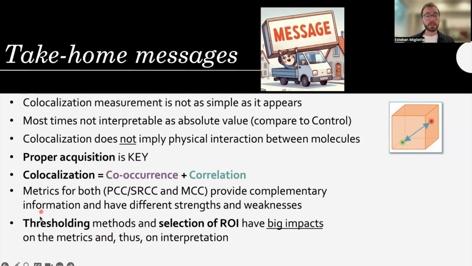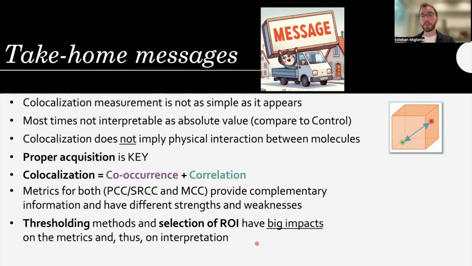Also, the decision of which thresholding method or which threshold to use and the selection of ROIs have big impacts on the value of the metrics we measure, and thus on interpretation.